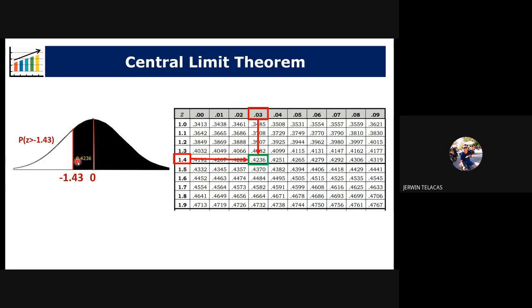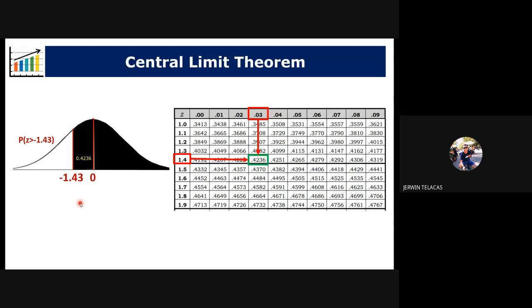Again, let me repeat in case you missed it: the area that we get from the z-table is from 0 to the given z value. Always remember that. Now, what is the area at the right of negative 1.43? How do we get the area of the shaded region?